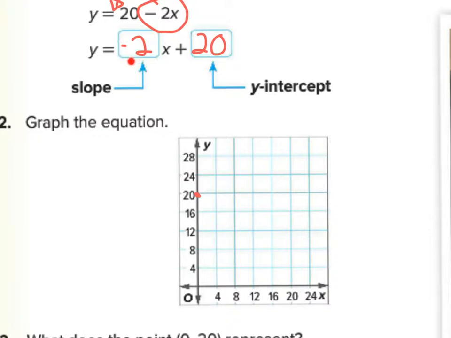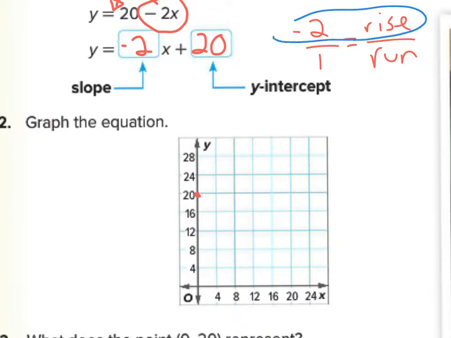So negative 2 is rise over run, don't forget. It's negative 2 over 1, the same as my rise over run. So I'm going to go down vertically, negative 2, and I will run positive 1.